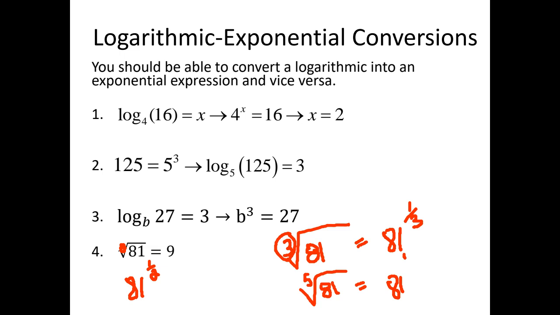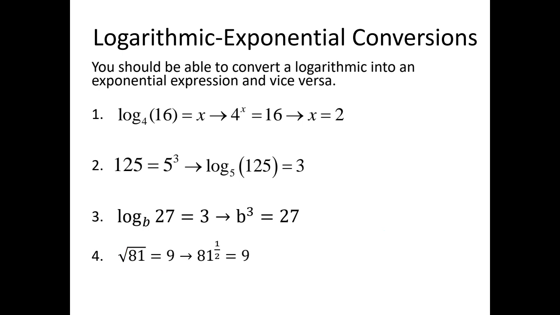Okay, so let's go ahead and change this. I'm going to have 81 raised to the power of a half is equal to 9. This is exponential, so we want to convert it to a logarithm. I'm going to write the word log first, and then we're going to identify what the base is.